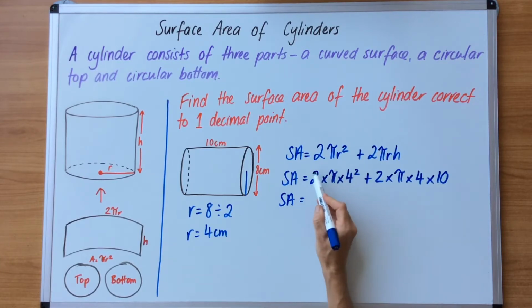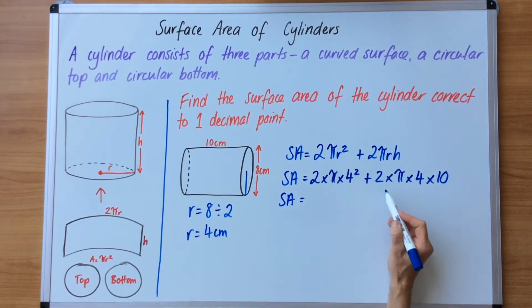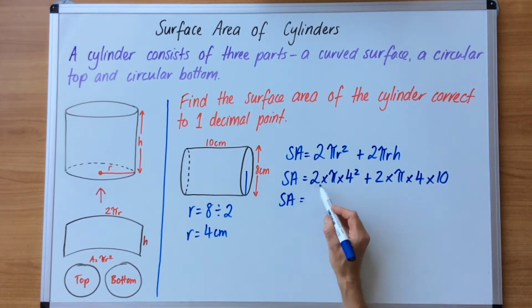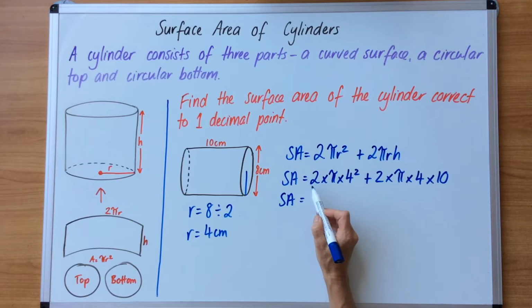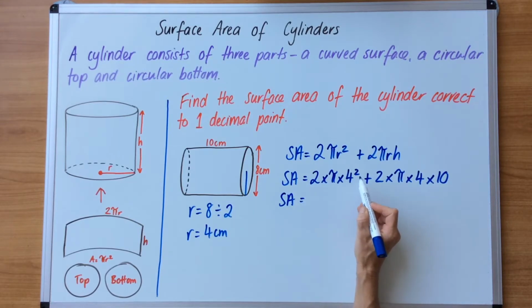Working down, I'm now going to calculate that one there and this one here and add them together. Bearing in mind that when we calculate this pi button is going to give us an enormously long decimal number. We must write the full decimals out and round at the end. So if I punch this in my calculator, I go 2 times pi button times 4 and the squared button, which is the x2 button.